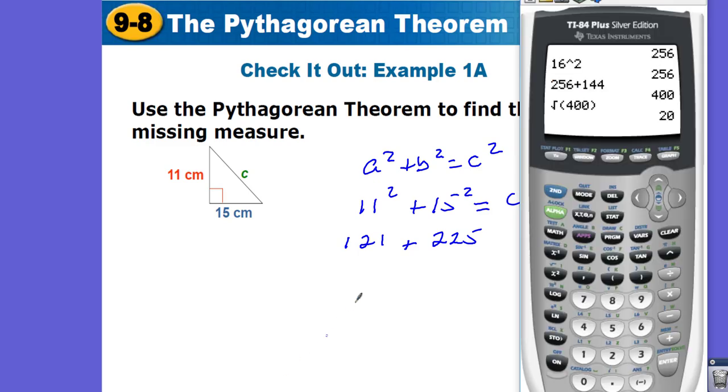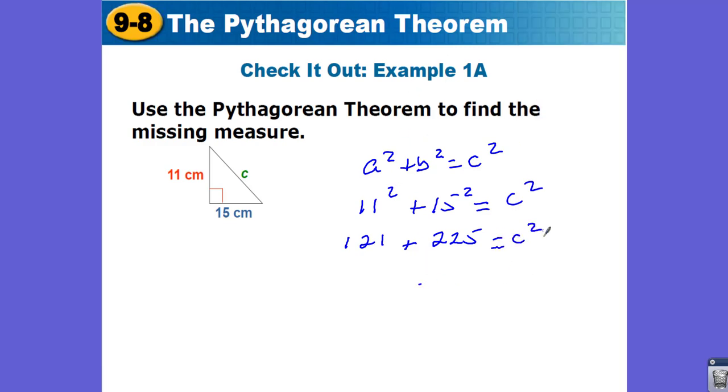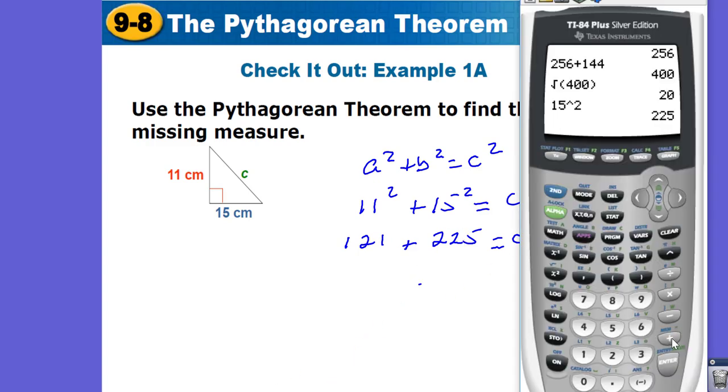Let's just double check that to make sure. 15 squared, 225 equals c squared. So we add these two together. 225 plus 121. And remember, if we just had that up there, we can just hit the plus and it will give me the previous answer.